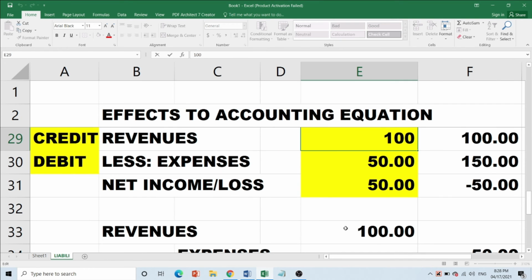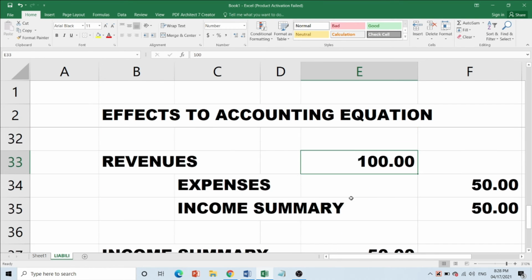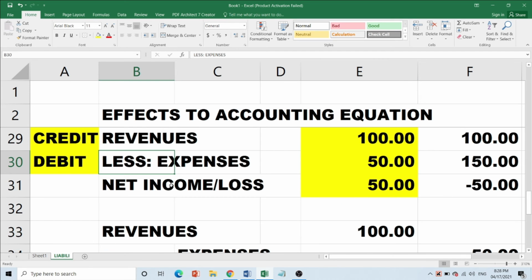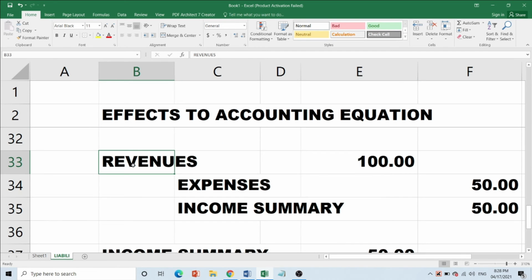So to close it to income summary account from credit or sa right side, ilalagay natin siya dito sa debit side or sa left side. 100. Make sure na pareho yung amount, 100. Expenses, normally nasa debit side siya. Since debit ang normal account niya, para siya maisara at ma-zero out, expenses natin ilalagay natin sa credit side, 50.